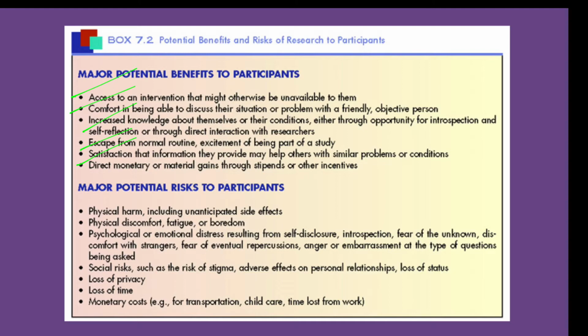And also, some research studies provide monetary or material gains through stipends or other incentives. And of course, the amount of the material gifts or tokens or money that you provide to your participant must be proportionate to what you're asking of them.